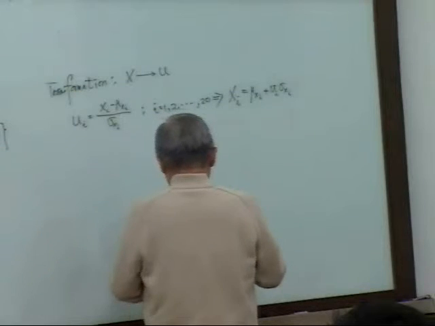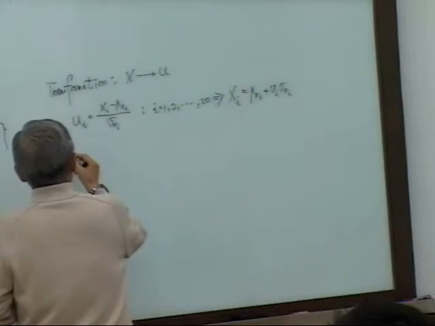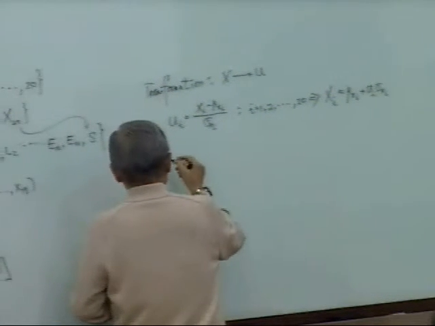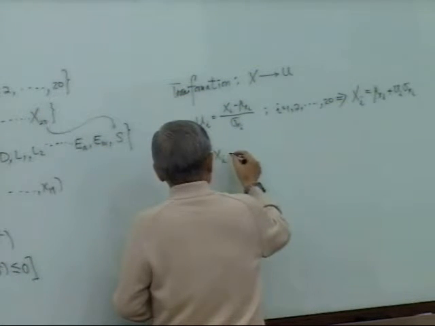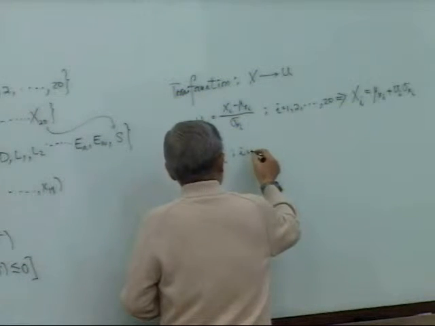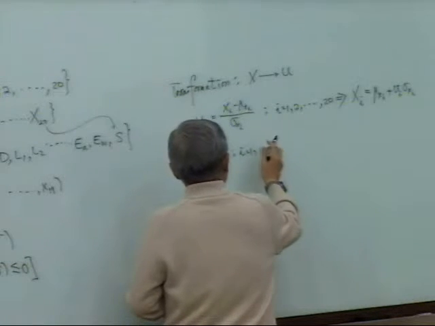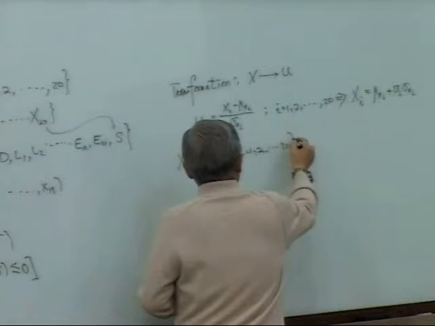So this is what you have. So now if I write x, then of course I'm going to rewrite, and this is xi, 1 through 20.